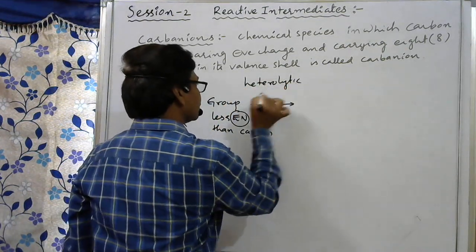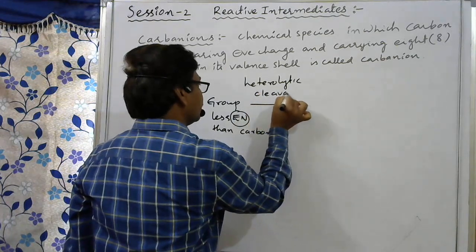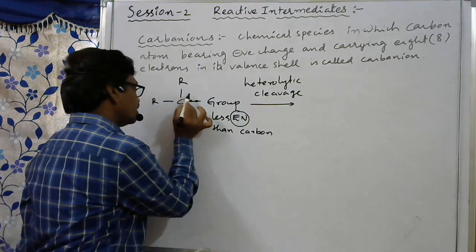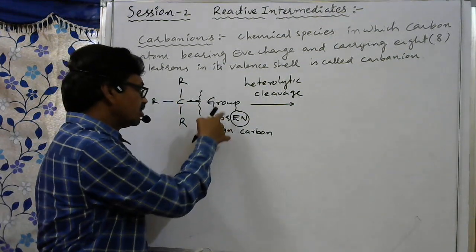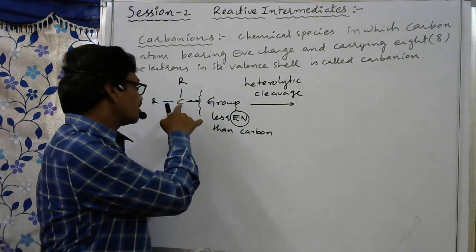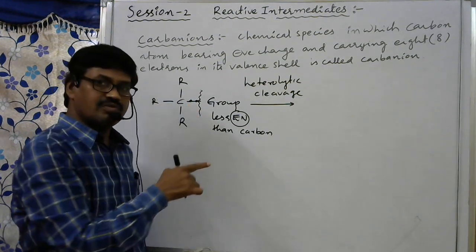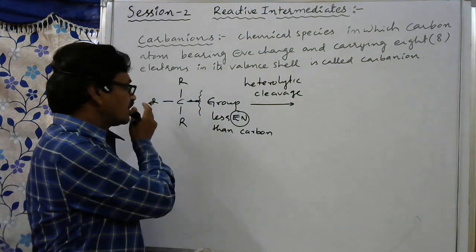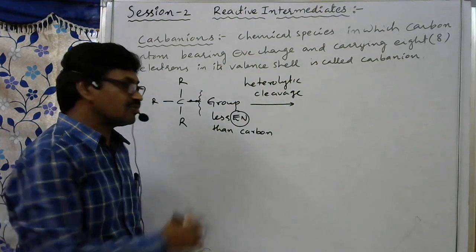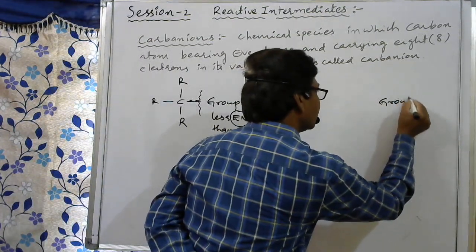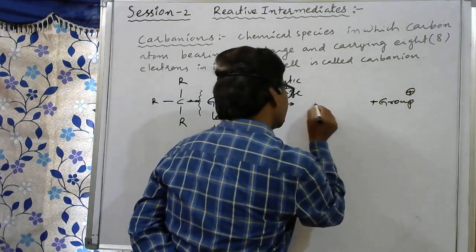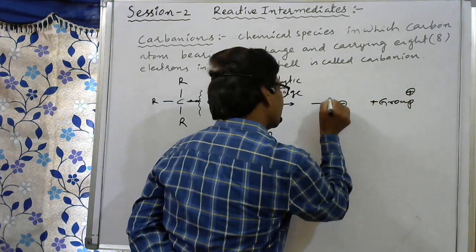The 2 electrons in the bond move with carbon and the group leaves as a positive charge. So this group gets a positive charge and this carbon gets a negative charge.